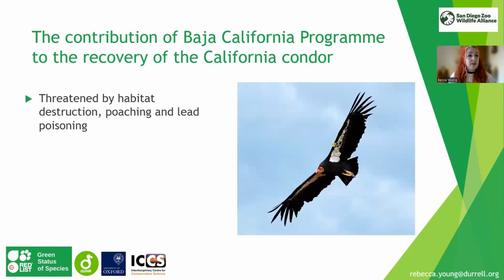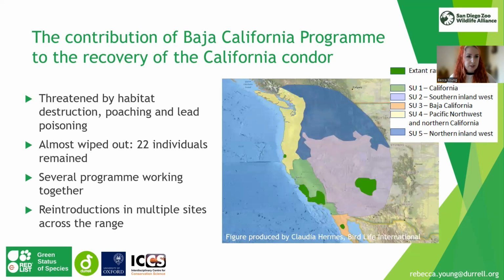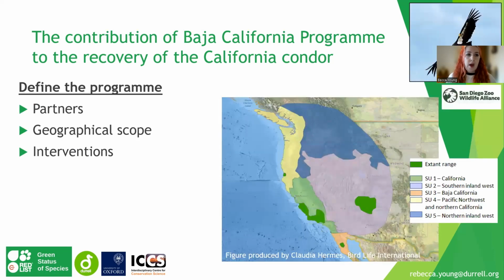This species was very threatened by habitat destruction, poaching and lead poisoning, and it was almost wiped out. There were only 22 individuals remaining at one point. Several programs are working together to recover this species, including reintroductions in multiple sites across the range. Because I've been working with colleagues at San Diego Zoo, we've been focused on one specific program.